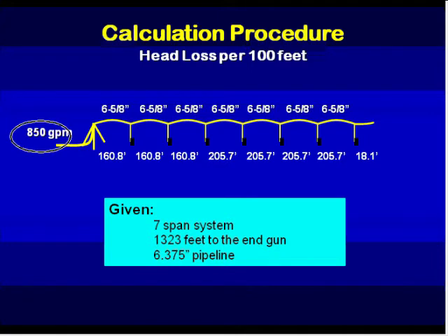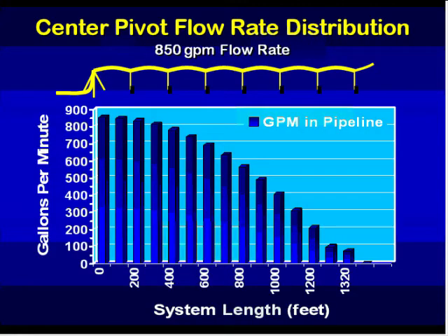So how do we then estimate what the friction loss would be in this pipeline? This particular graph depicts what I was referring to earlier, in that we still have a lot of flow in the pipeline of the center pivot way towards the outside edge end of the pipeline because of the acres involved.